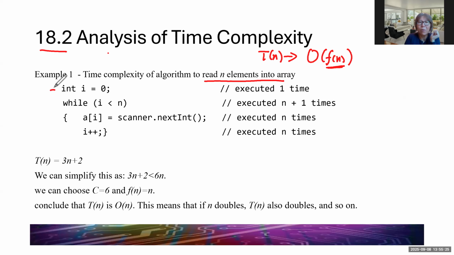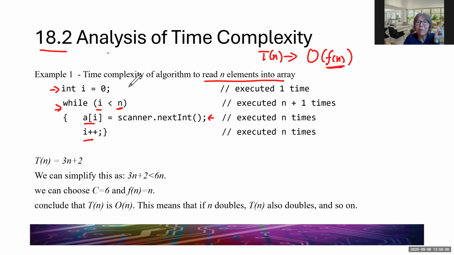We have an integer I, set to 0. Then we have this while loop, and the loop runs based on this n. Then you input that number into the array, and then you increment that I. Because this I controls the number of times of the loop.